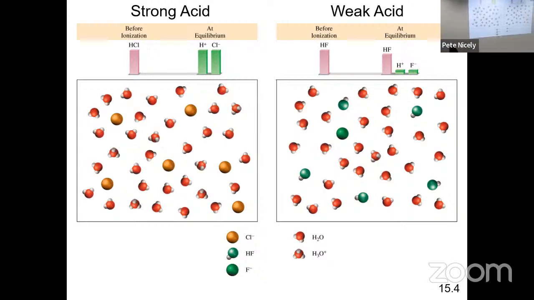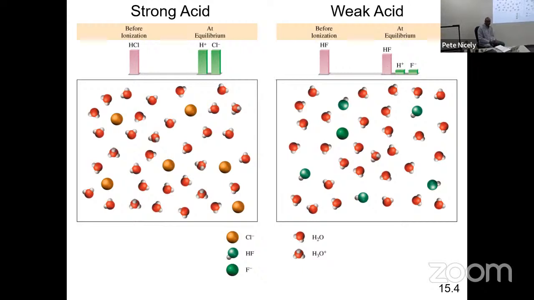Okay, so in the case of a weak acid like hydrofluoric acid, as you can see demonstrated in this picture right here, if you start off with HF and then you add it to water, there will still be a relatively high concentration of HF. Some of it will dissociate, but only a small fraction, right?